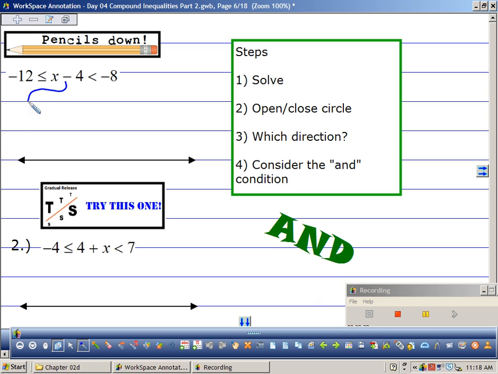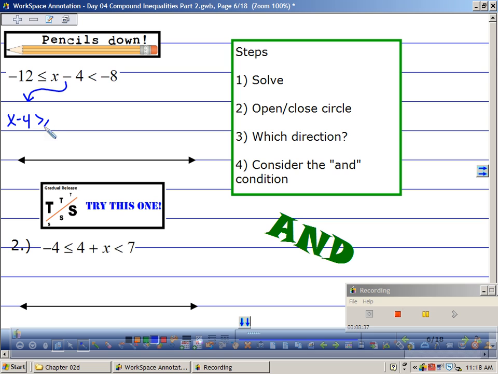I'm going to take this and rewrite it. I'm talking about that and this one. Okay? So when I add 4 to both sides, what do I get?